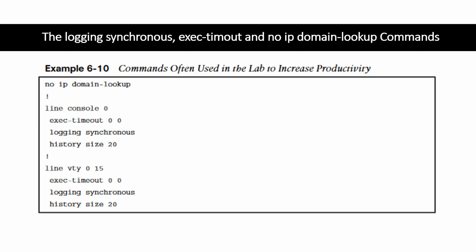In a production environment, you would actually set these values differently. And you may leave ip domain-lookup on after you configure IPv4, because it may need to, and with my experience, it does need to resolve host names to IP addresses, okay?